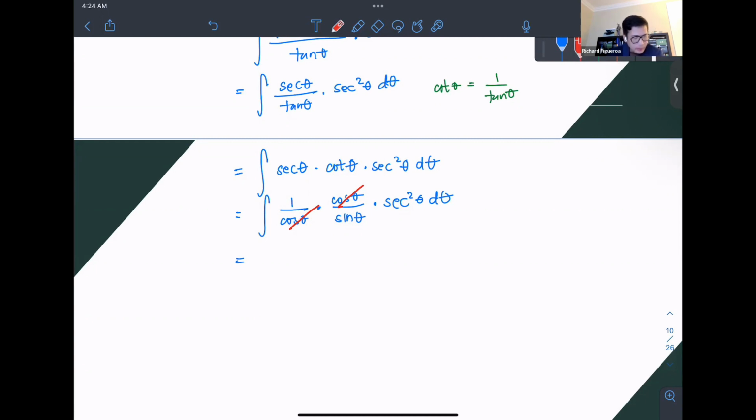So the other thing to do then, so we can transform the secant squared. Okay, so I make that one. So secant is 1 over cosine. No?